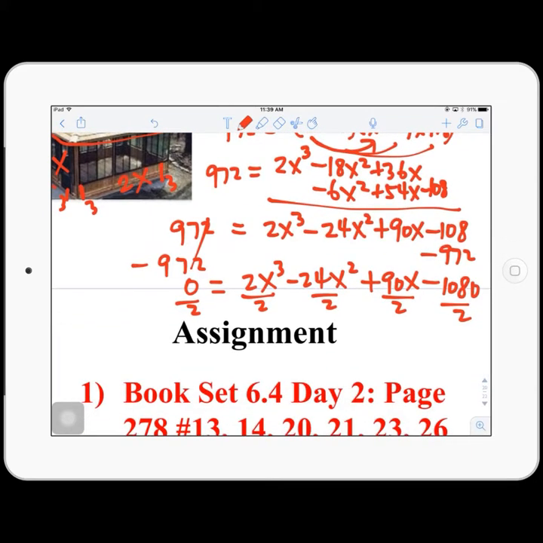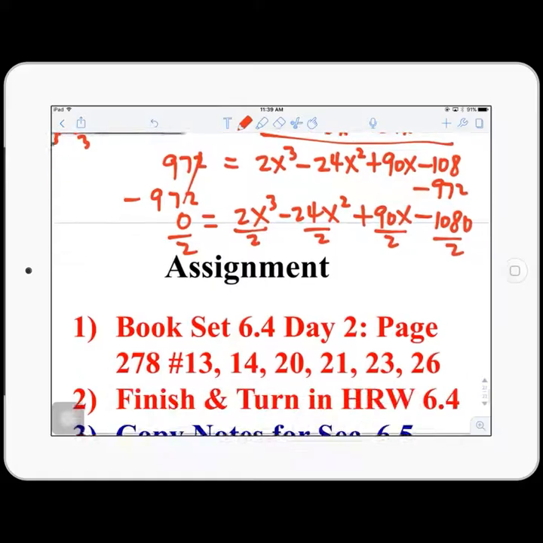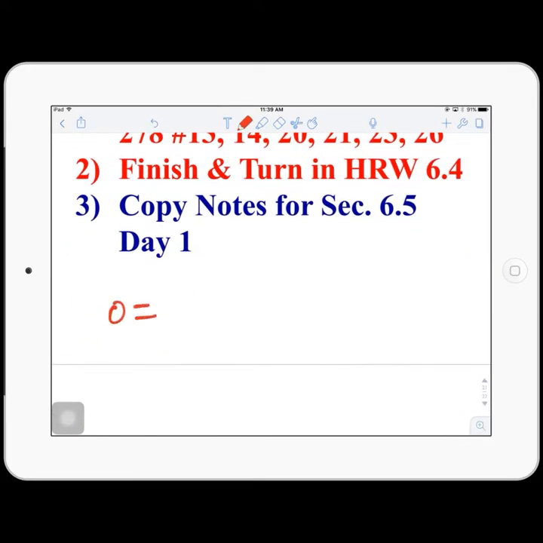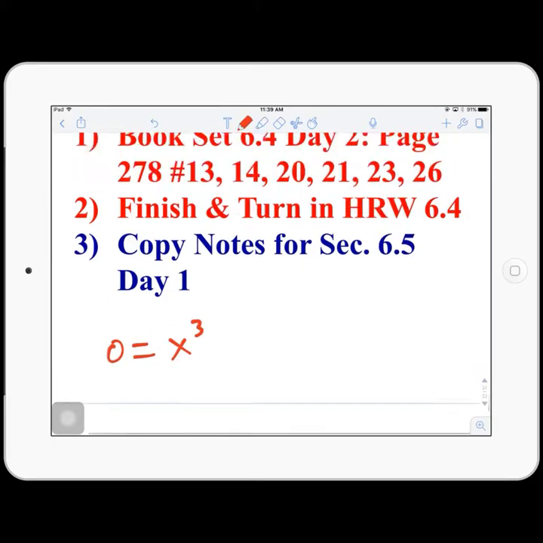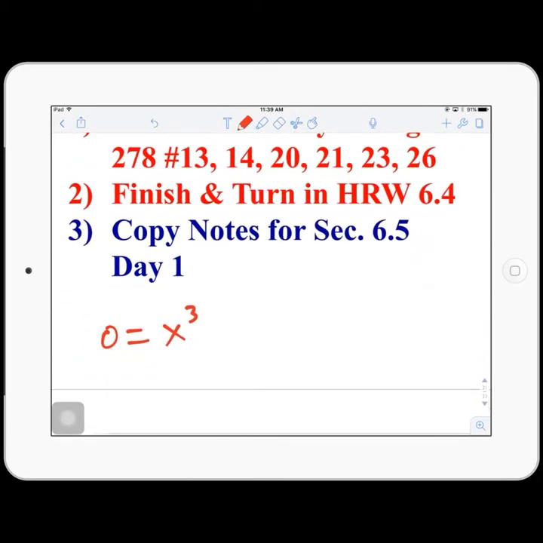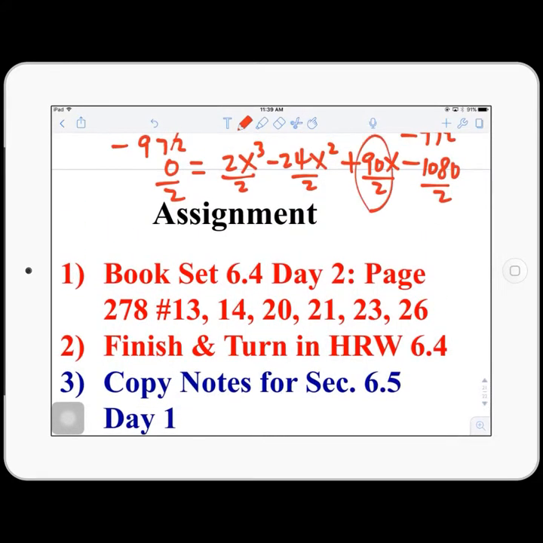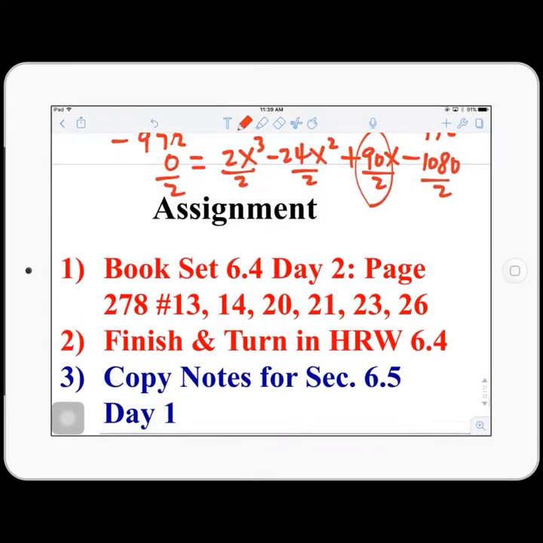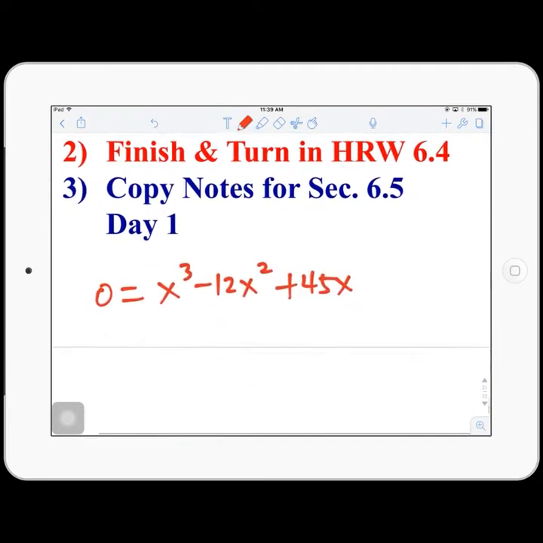And that is not going to affect anything, so we'll still have 0 equals... You know what? I'm going to bring this down to a blank screen. So we will have 0 equals x cubed minus 12x squared. Then we have 90 divided by 2 is 45x. And then finally we have 1080 divided by 2. That will give us a minus 540.